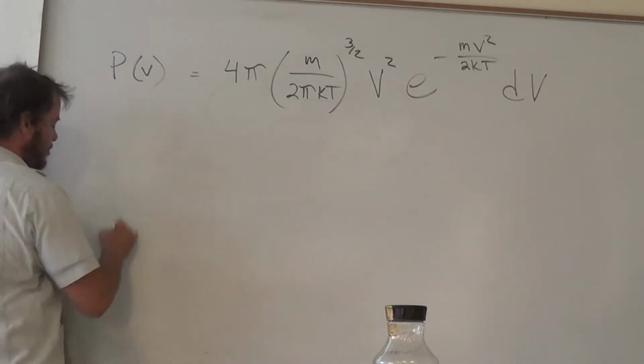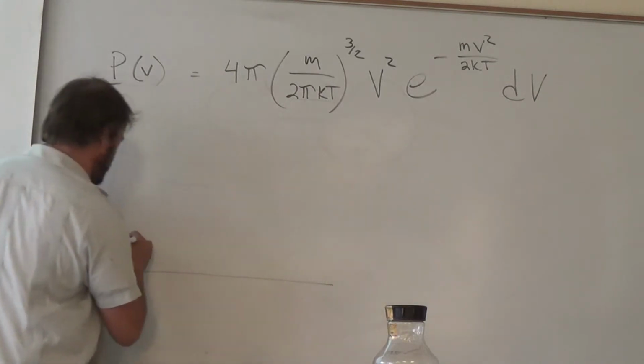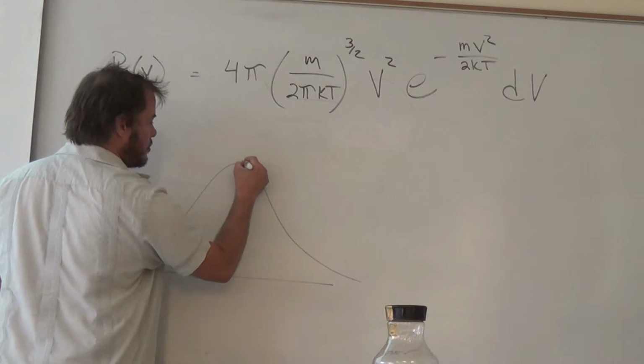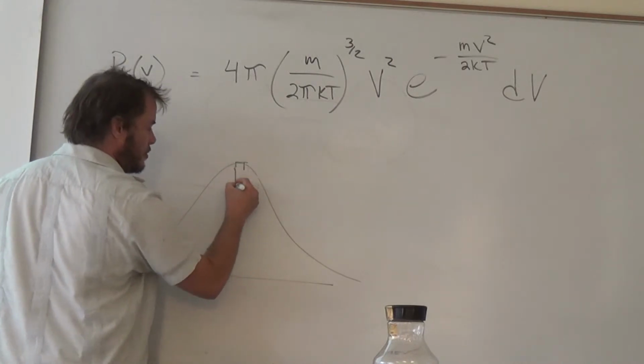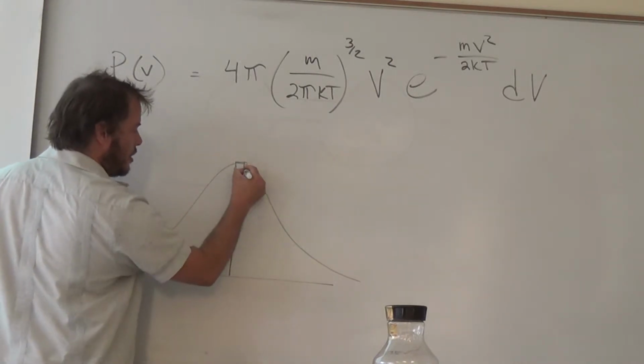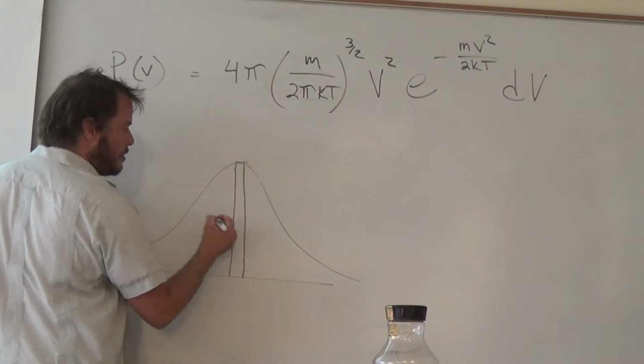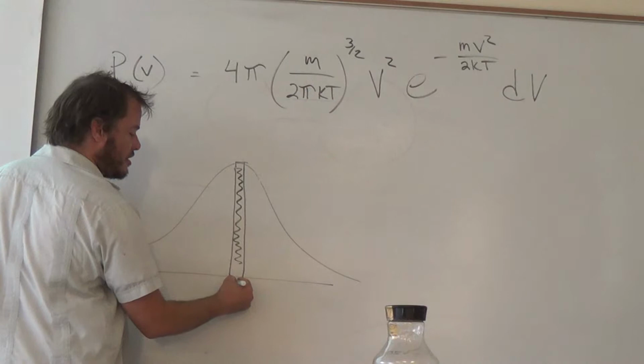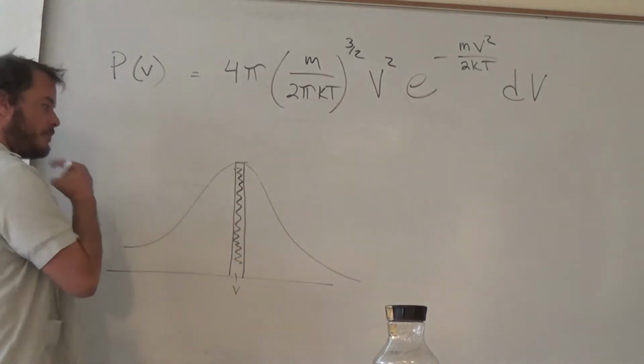Let's draw this. Let's say that we're examining the probability of finding the molecule at a particular velocity v.